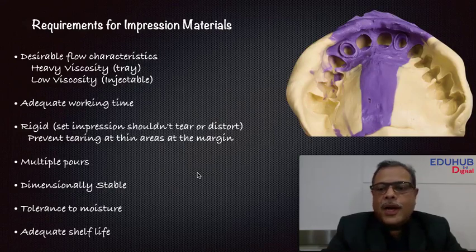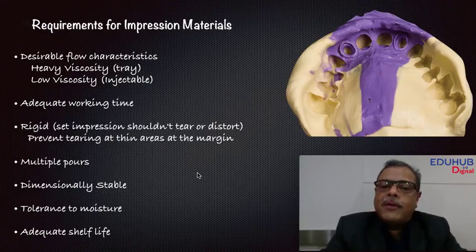When we are trying to make a tray which is going to be an overall form of the arch, a heavy viscosity material is used. While when we are trying to inject a material around specific areas and prepared teeth, we want to use a low viscosity material.